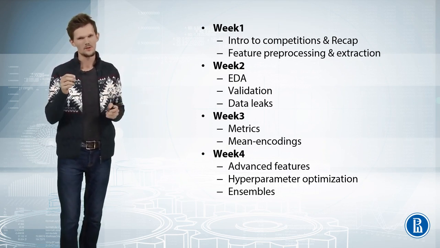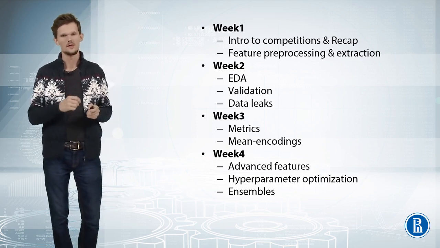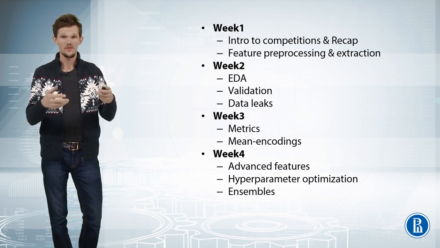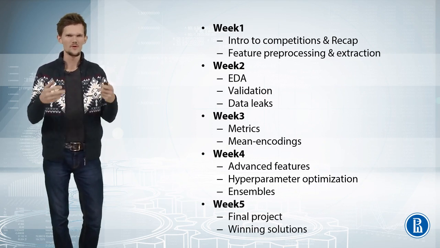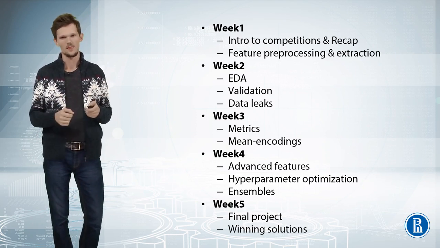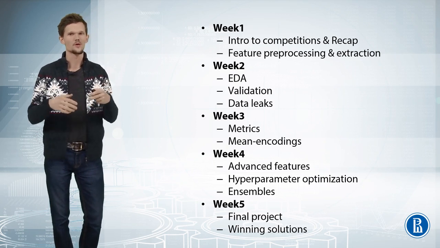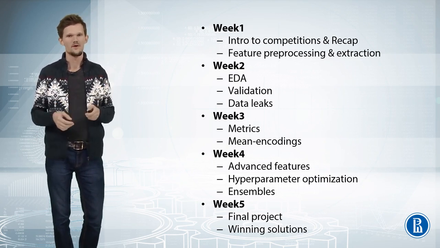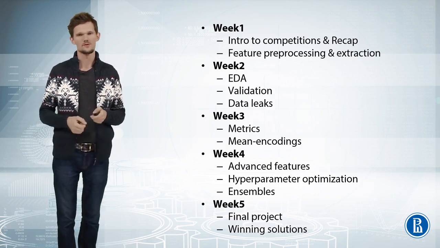And here, by the end of this week, you should already have all required knowledge to succeed in a competition. And then finally, we've got the last week. Here we will work to analyze some of our winning solutions in competitions. But all we are really doing in the last week is wrapping up the course, working on and submitting the final project. So that's a basic structure of this course.